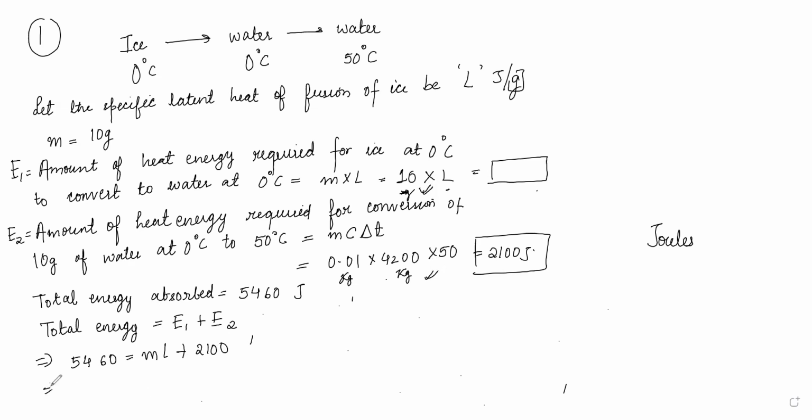So this further implies what? That ml will be equal to how much? Sorry, 10L is what you will be writing, not ml, because we have already substituted that. So write down 10 into L is equal to 5460 minus 2100, which in turn is equal to 3360.